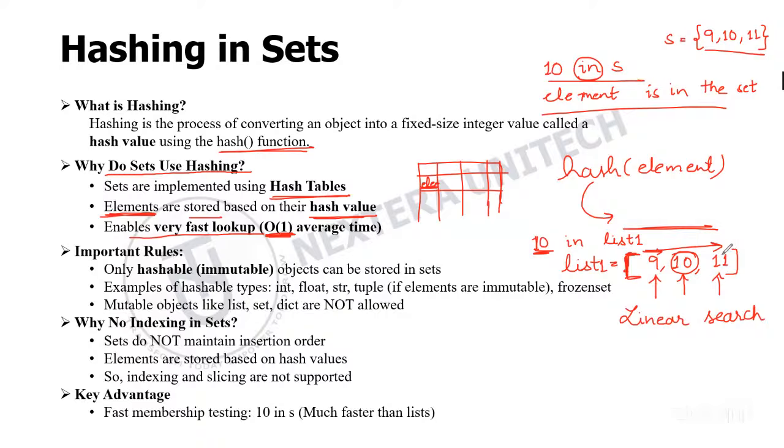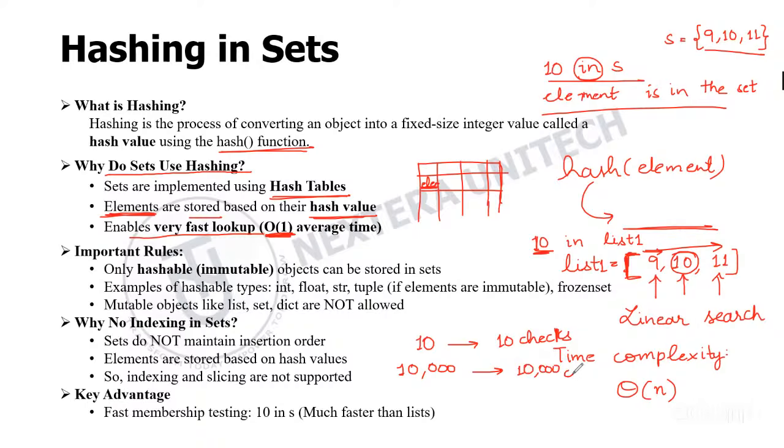Time complexity is nothing but how much time it takes to get some element. Here the time complexity is O of n, which means if your list has 10 elements, it will do 10 checks. If your list has 10,000 elements, your checking will also happen 10,000 times.